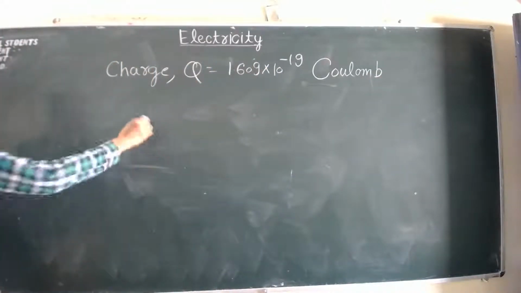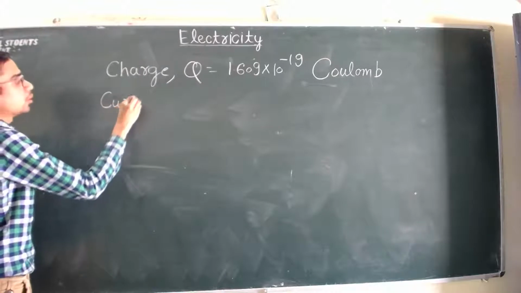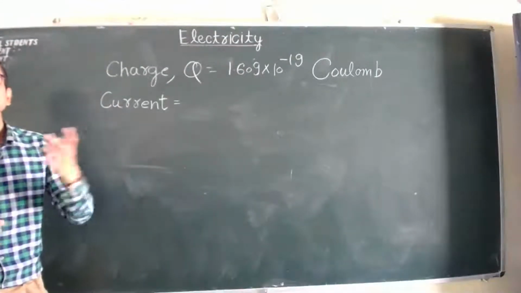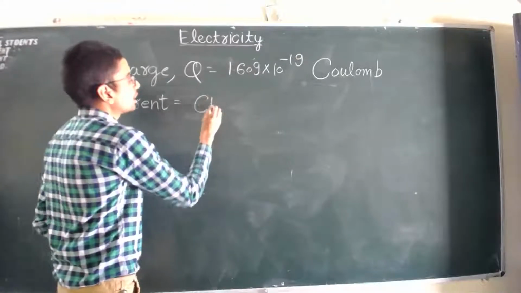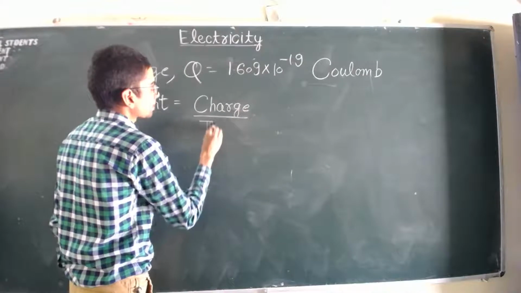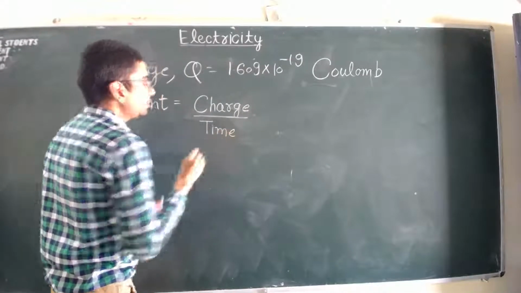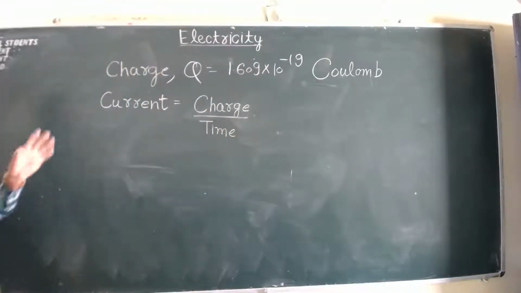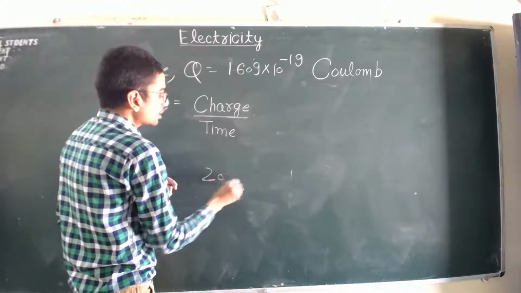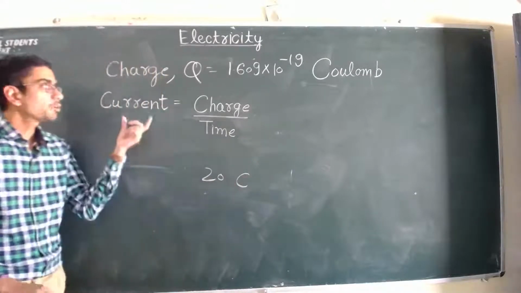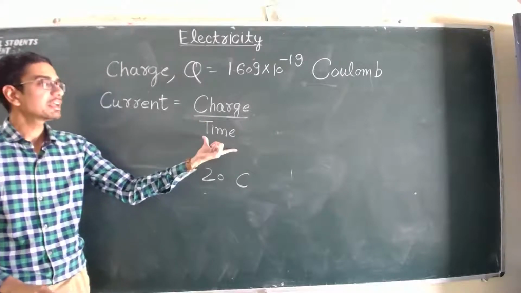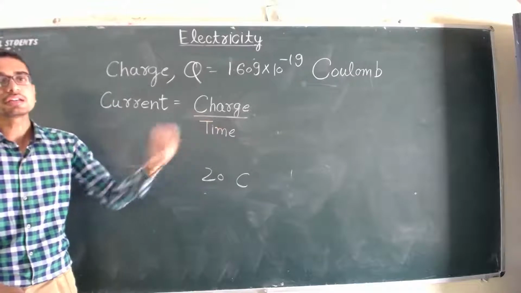All right, current is the total charge flowing through a conductor per unit time. Charge per unit time. It means मान लीजिए किसी कंडक्टर में टोटल 20 कूलम चार्ज फ्लो कर रहा है, but what is current? It measures in a fixed time, per second or per minute, कितना चार्ज फ्लो कर रहा है.